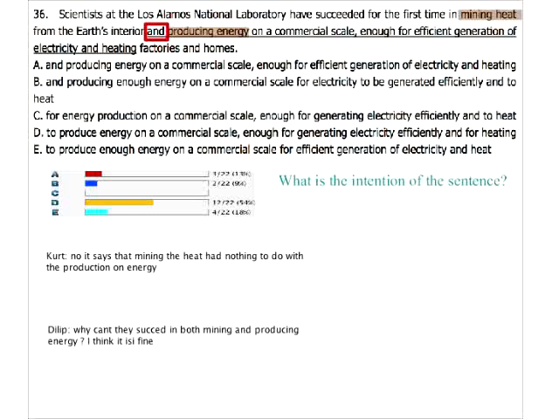The intention of the sentence: when you read the sentence, you have to take into account two things. Number one, plain old common sense, or real-world intuition. And number two, the fact that the sentence is a unit.